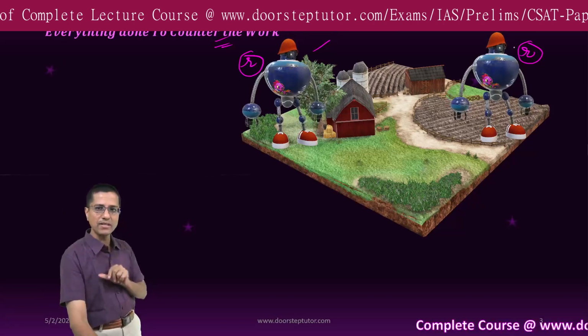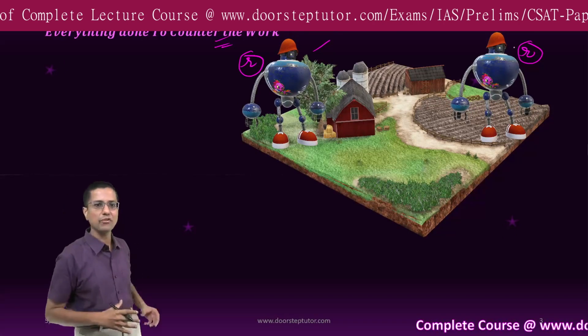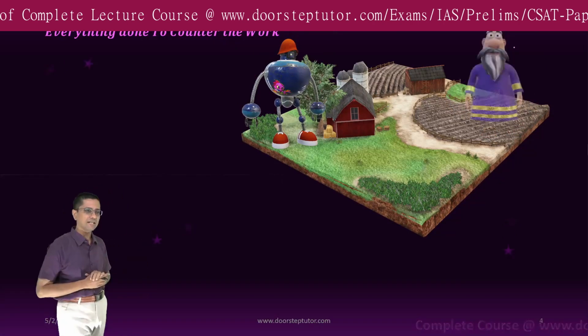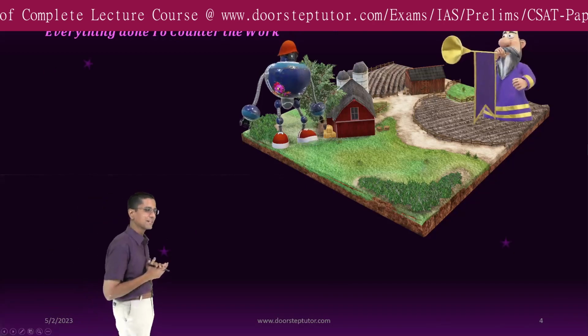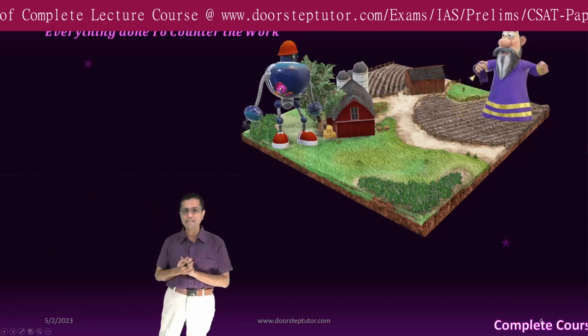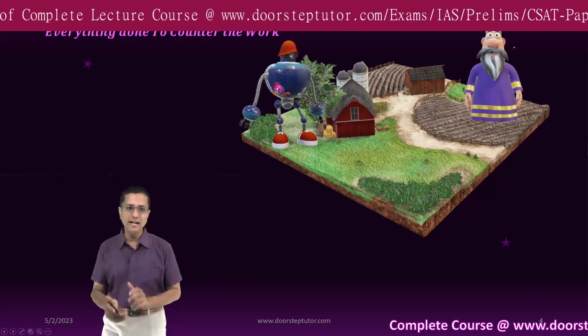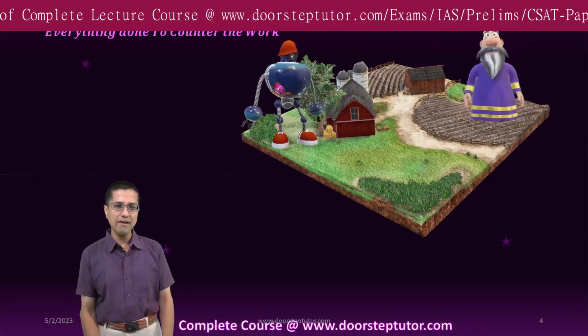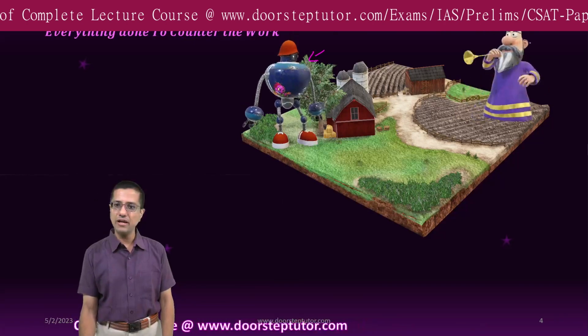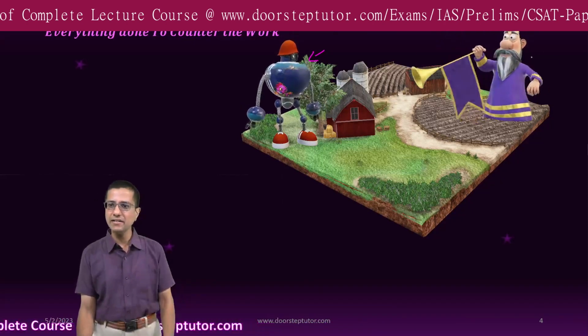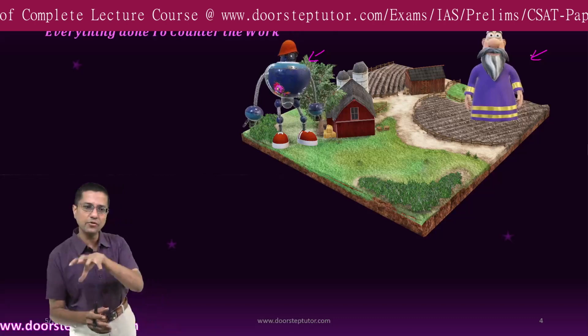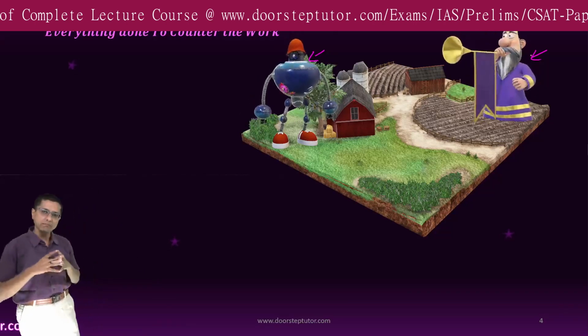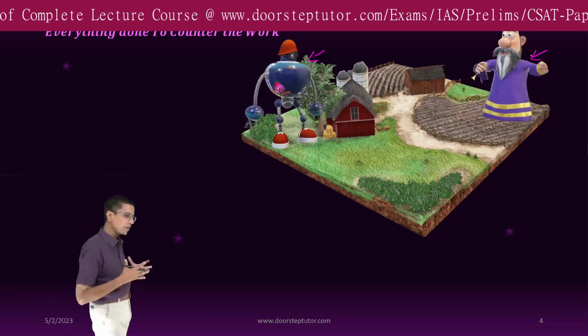Now, what happens if I replace one of the robots from my previous class with this mischievous person who is not so efficient? He is not working as fast as this robot. Obviously, if I have one robot and I add a mischievous person instead of another robot, my amount of time needed will not be halved, right?